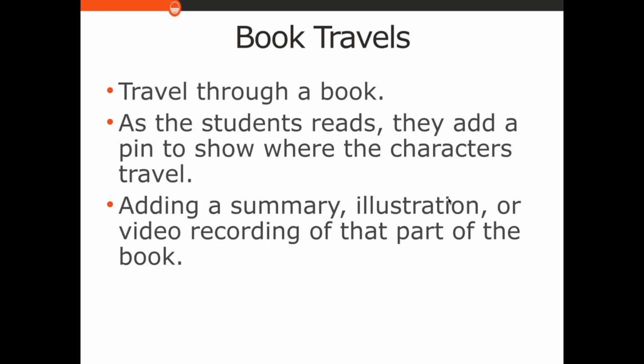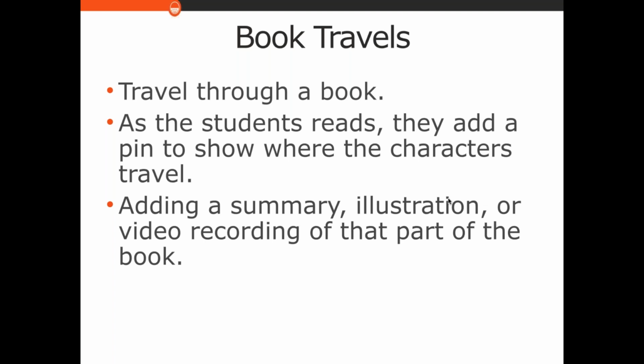Then you could even go and research where gorillas came from, how different the environment Ivan was in now is from where he originated. So travel through a book. As the students read, they can add a pin to show where the characters travel. They could include summaries, illustrations, a video recording of that part of the book, and then read another chapter. So you could do a chapter by chapter pin. You could do a beginning, middle, end pin.